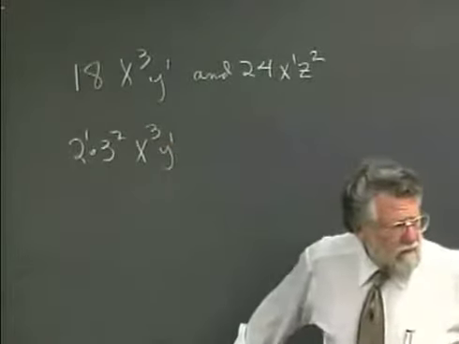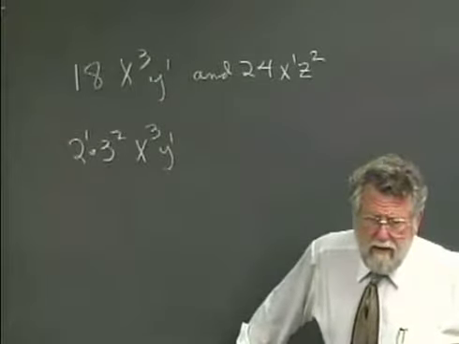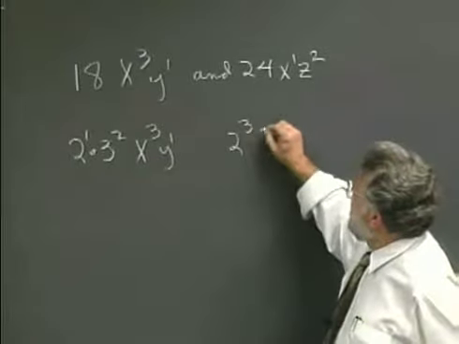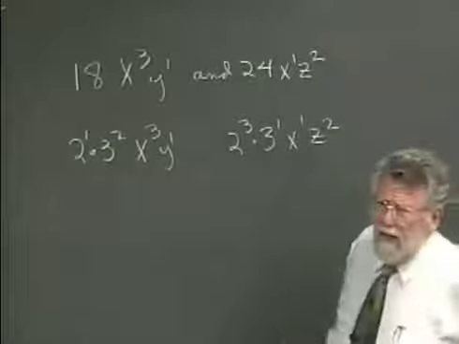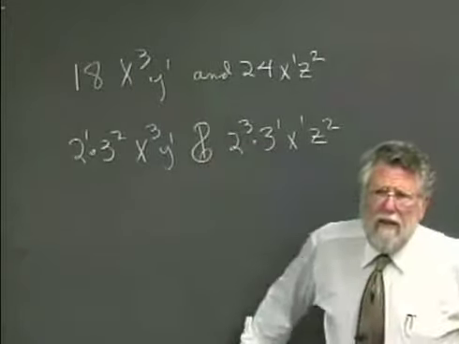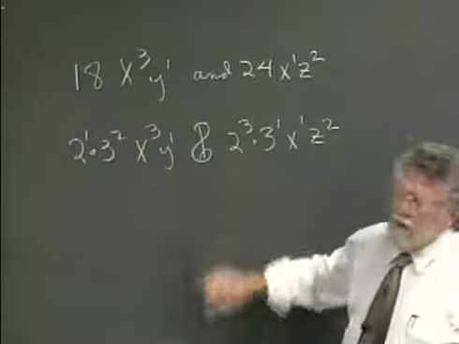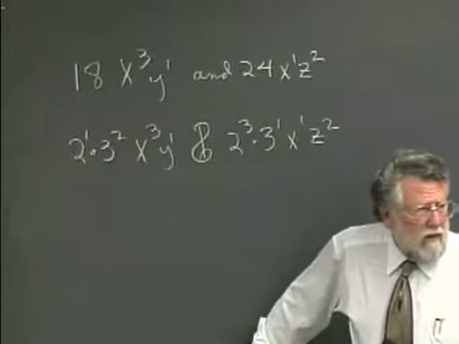The 24, okay, if you think about that, 8 times 3. 8 is 2 to the third, 3 to the first, x to the first, z to the second. Now I'm assuming that this part here is at least doing the 18 and the 24 straightforward. Are there any questions there before I move on?